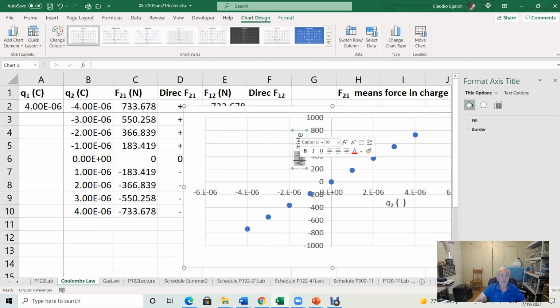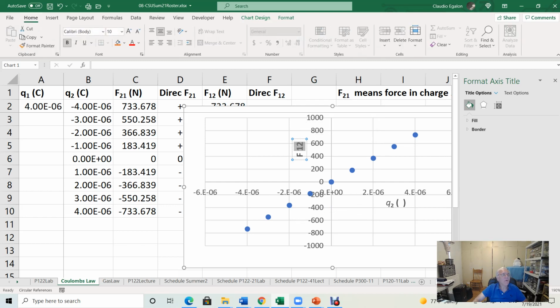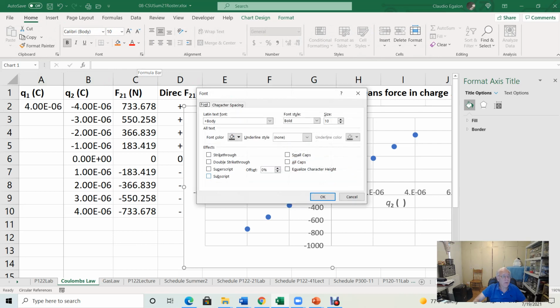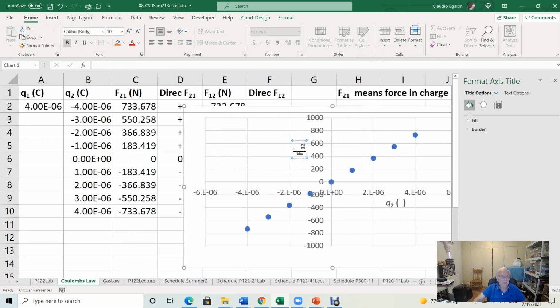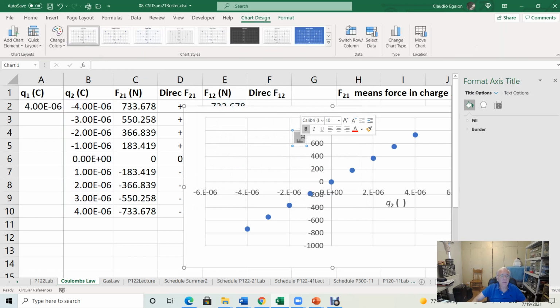And here we're going to put the force, force F1 by 2, right? We are going to subscript it. Like that. Oh, don't forget to put the units. I forgot to put the units there. Okay, here you go.